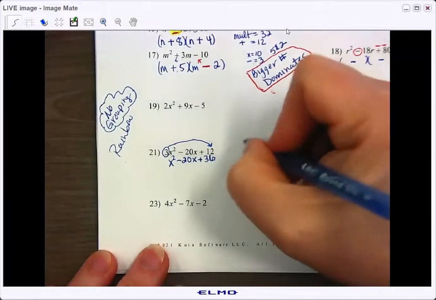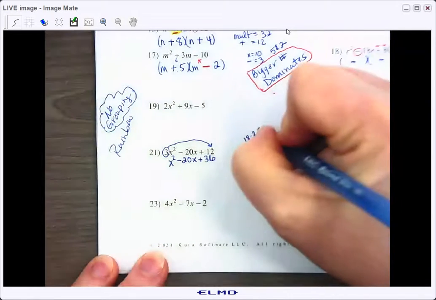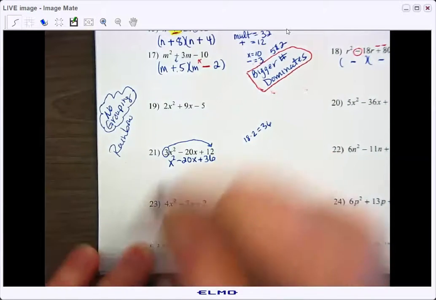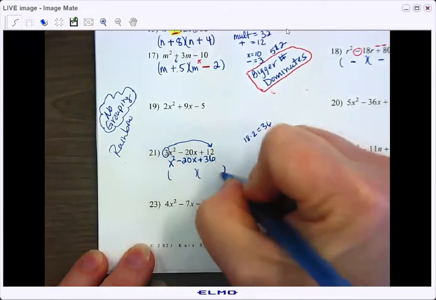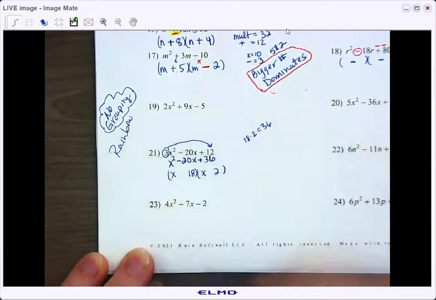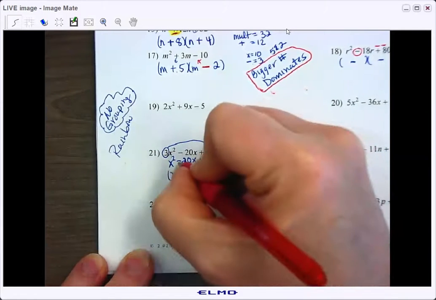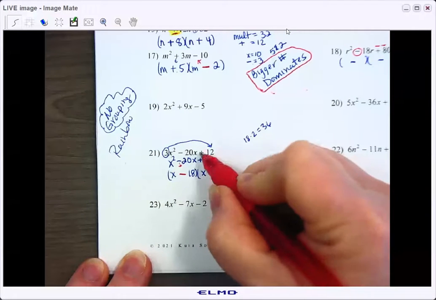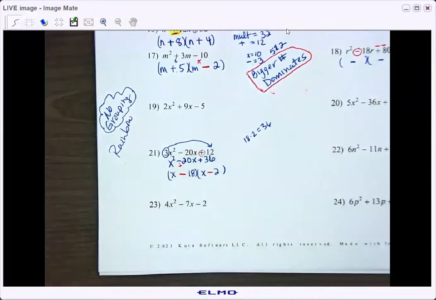Okay. So I'm going to use 18 times 2 to equal 36, because 18 plus 2 will give me the 20. So x and x, 18 and 2. And if I bring down my negative, I know that negative times a negative will give me the positive.